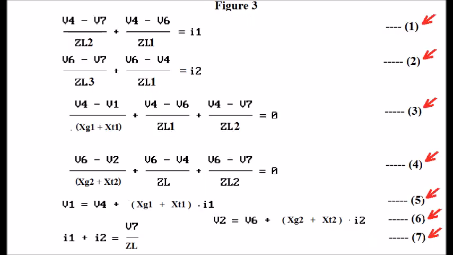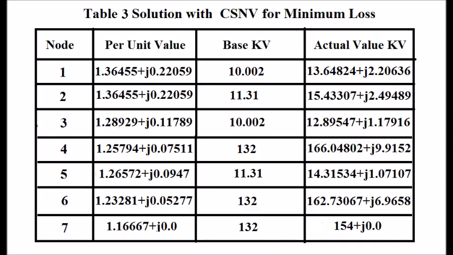Solving the 7 equations with the 8th constraint equation, generator voltage V1 equal to generator voltage V2, reduces the losses to the minimum. Table 3 is the solution of 8 equations.